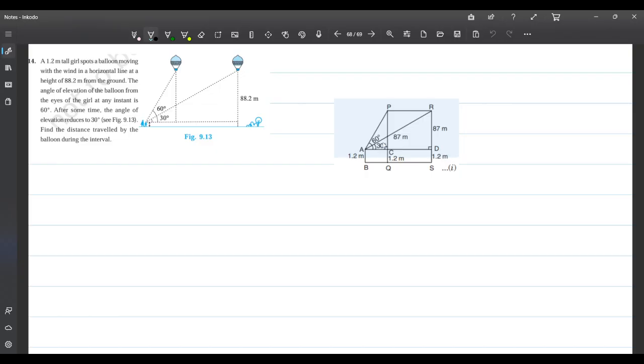When the horizontally moving balloon is at P and the girl is AB, say we find angle PAC is 60 degree, and at position R angle RAD is 30 degree. So we have to find the distance traveled in a horizontal line, PR or CD.